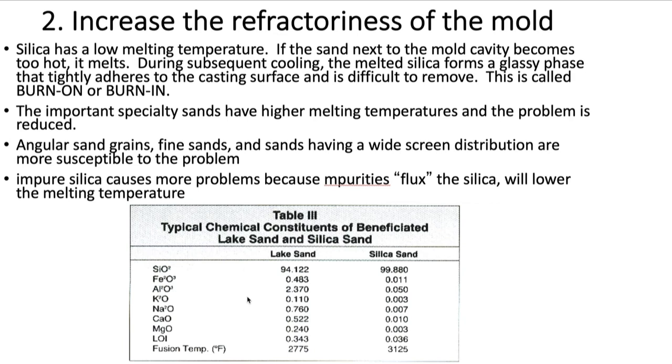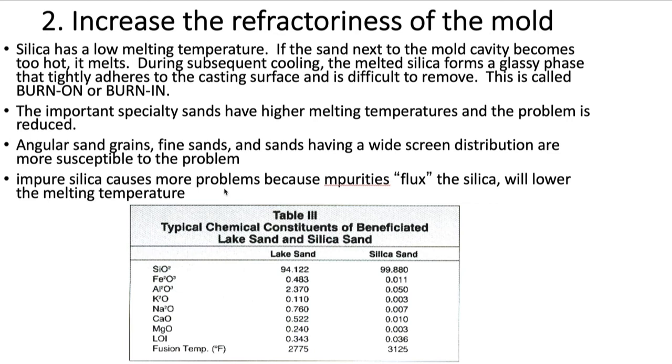So as the sand melts, it can burn in or onto the surface. Burn in is actually included into the surface, whereas burn on is just on the surface. So these specialty sands have higher melting temperatures, which can reduce those problems.